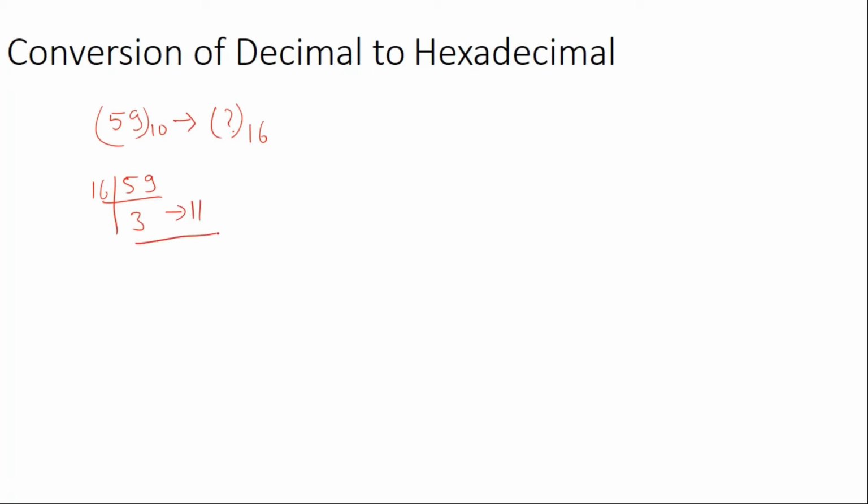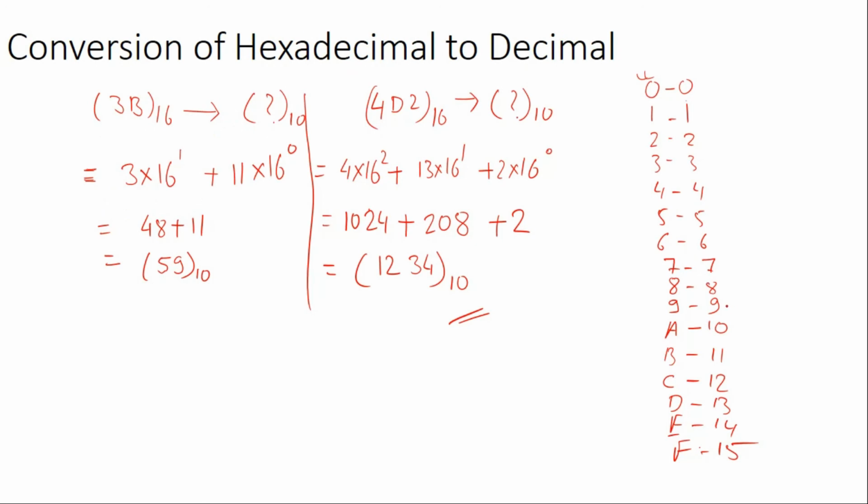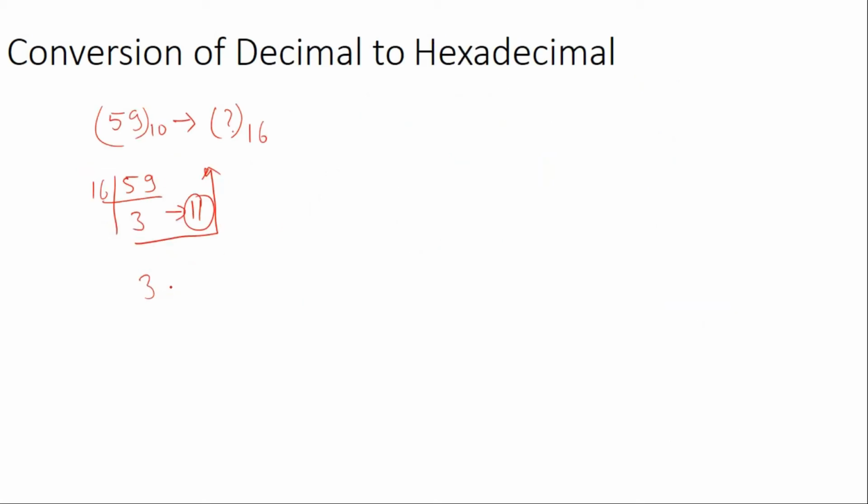So we will start writing from here. We will keep dividing until we get numbers less than 15. So we will write 3, and for 11, as I have told you here, the hexadecimal value is B. So we will write B here, base 16.